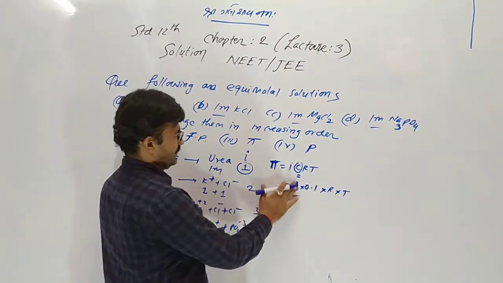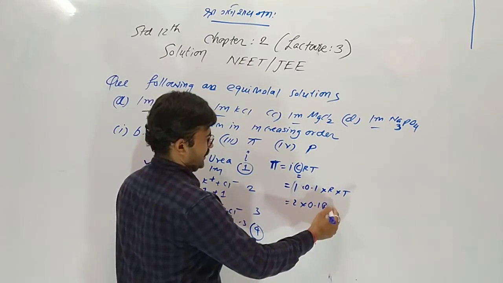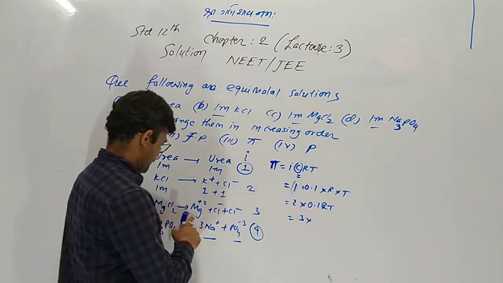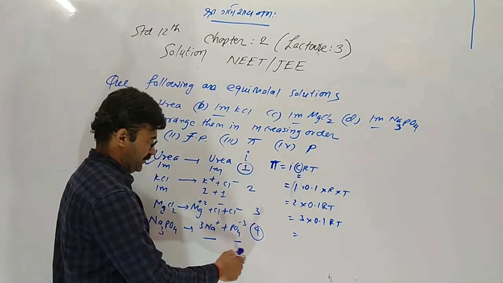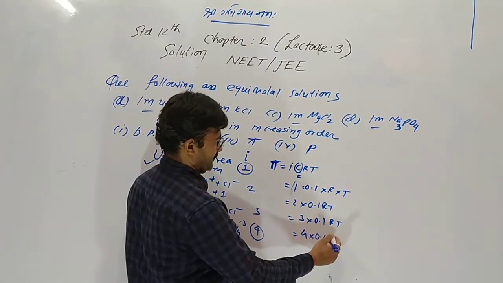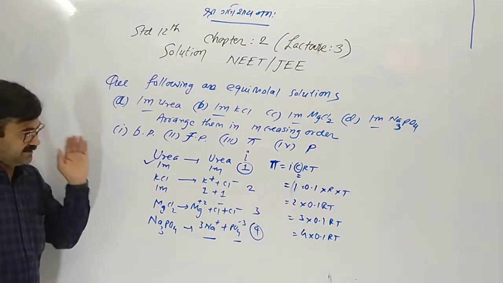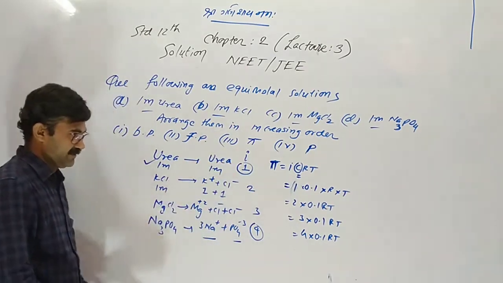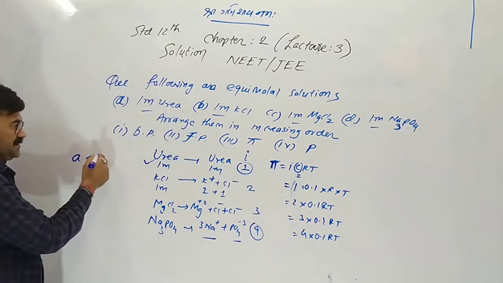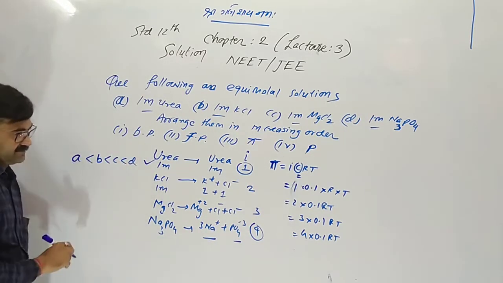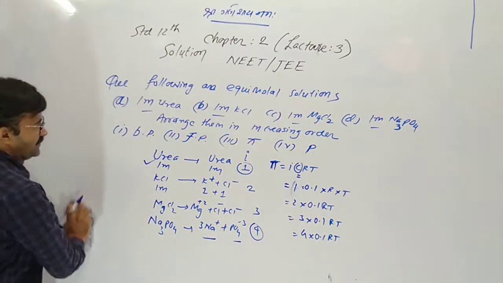But for KCl, it will be 2 into 0.1 RT. For MgCl2, 3 into 0.1 RT. For Na3PO4, 4 into 0.1 RT. So with increase in ionization, i value, pi will increase. So order for the osmotic pressure is A, B, C and D. D having highest, A having lowest osmotic pressure.